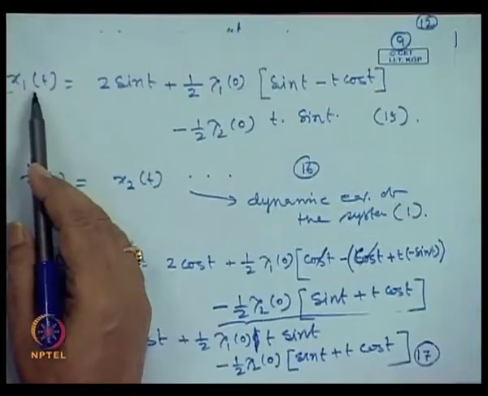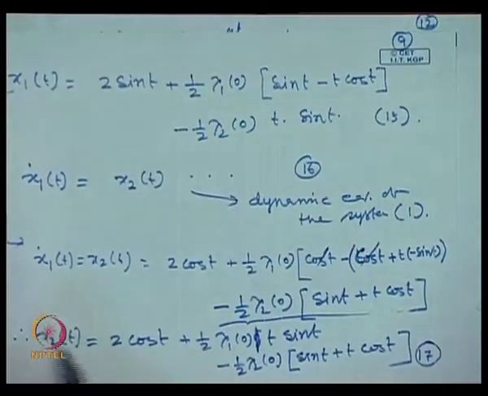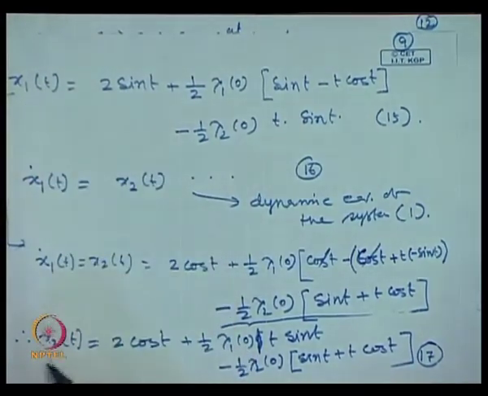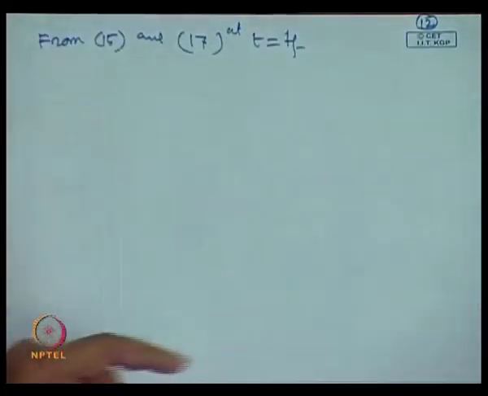In this expression you put t equal to T_f, so left hand side is 0. So, you have 3 unknowns and 3 equations, but those 3 equations are non-linear. So, you have to solve them to get the final values of λ1(0), λ2(0) and T_f, and that will give you the total picture of the optimal control law as well as the optimal trajectory, which will minimize the performance index. So, a part of this is left. I will continue next class. I will stop here now.